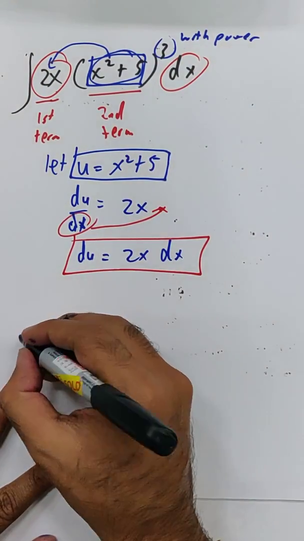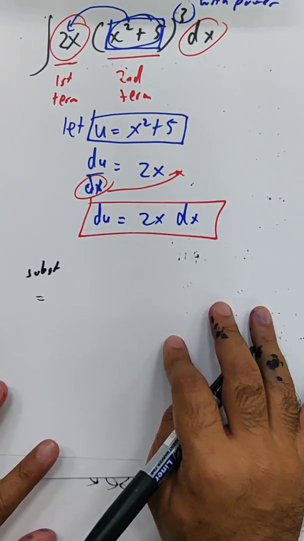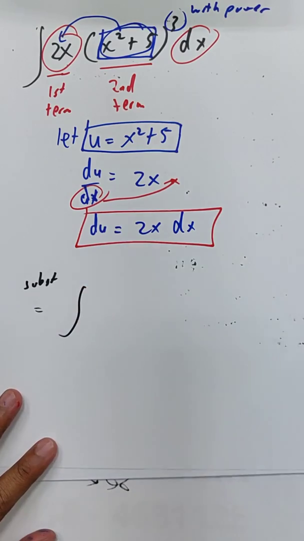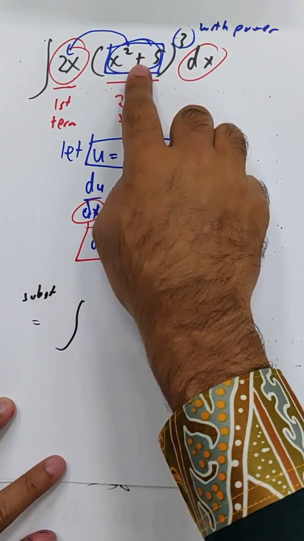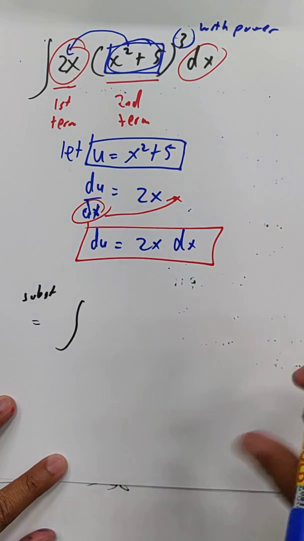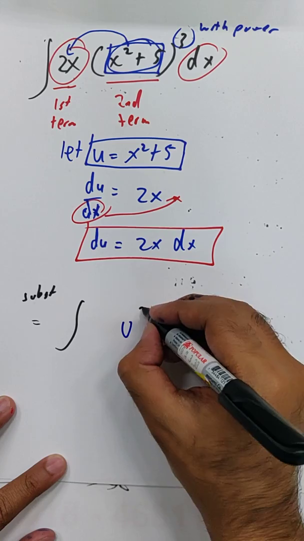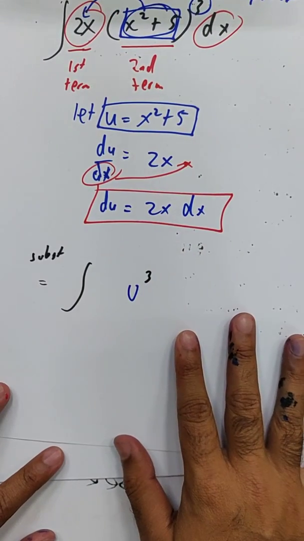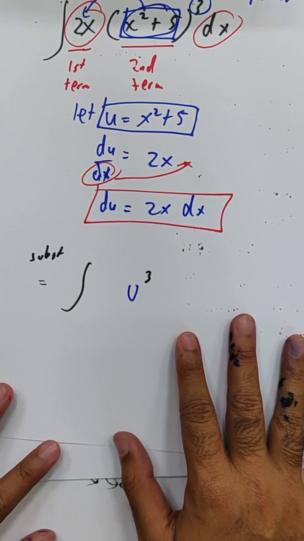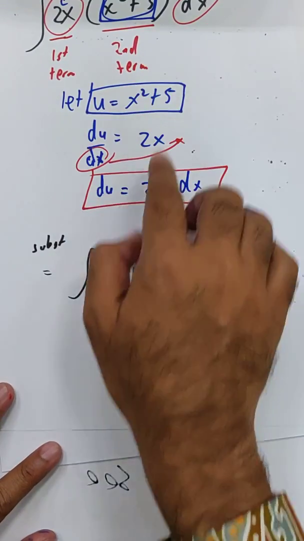So what happened? This one becomes u. u to the power of what? u to the power 3. Okay? And then what about the 2x dx? You substitute with du.